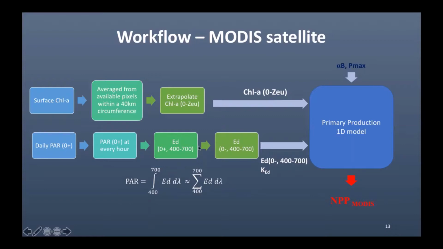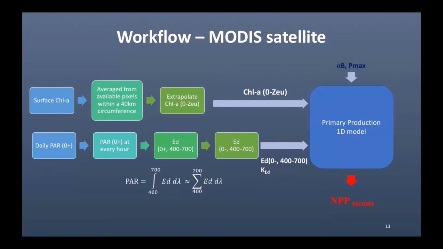My last step is to convert the downward irradiance measured from above the water surface to below the surface, because not all incident light penetrates into the water, and some might be reflected depending on the wavelength and the water surface conditions. Each wavelength has its specific conversion coefficients to convert from above the surface to below the surface, and this is the reason why I didn't directly convert the daily PAR.